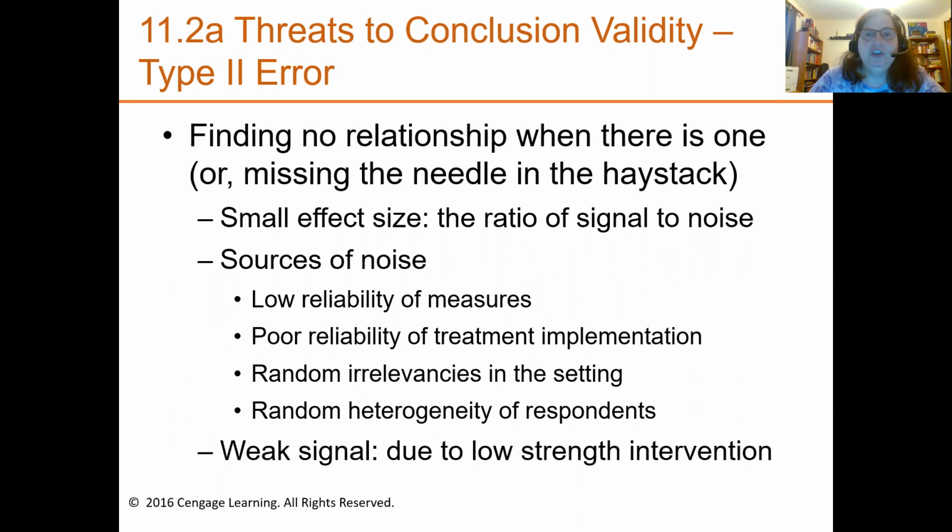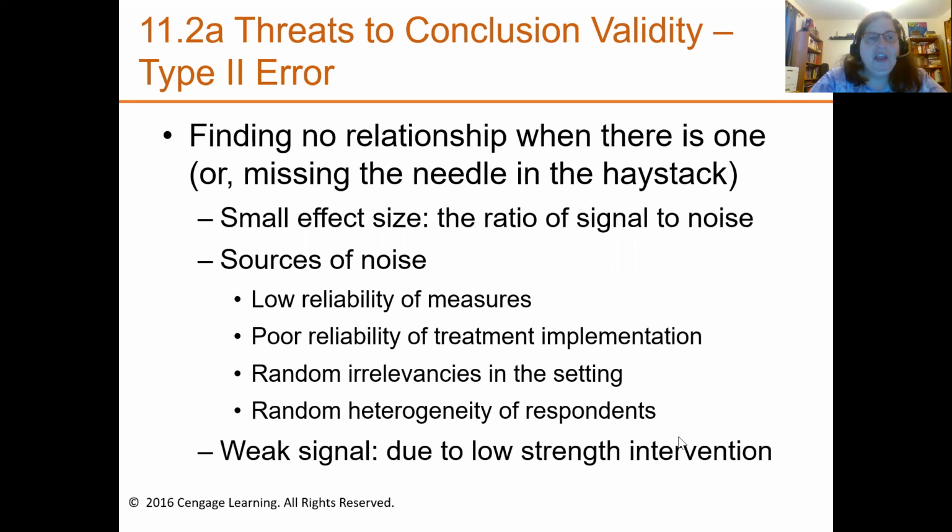So if you really want to increase your effect size, what you want to do is have your respondents as similar as possible to each other within a particular group. Now that may decrease your external validity, right? Because you want it to be realistic too.